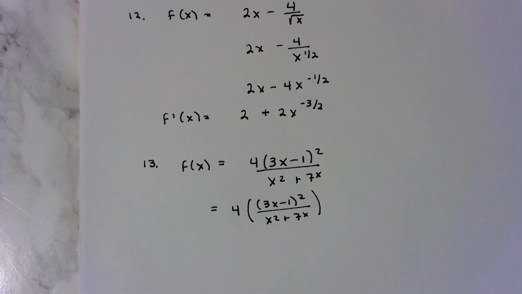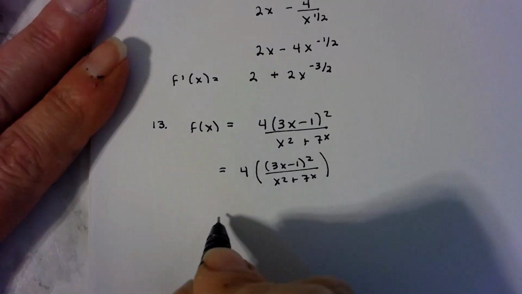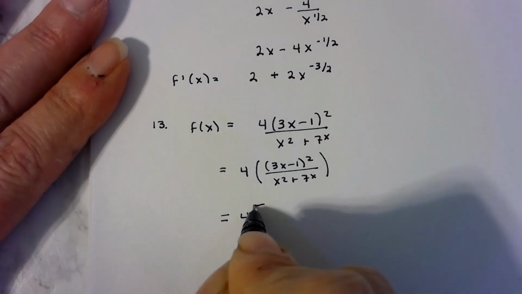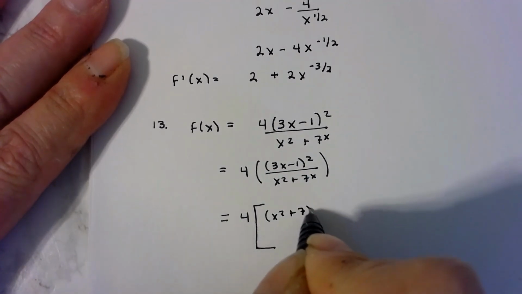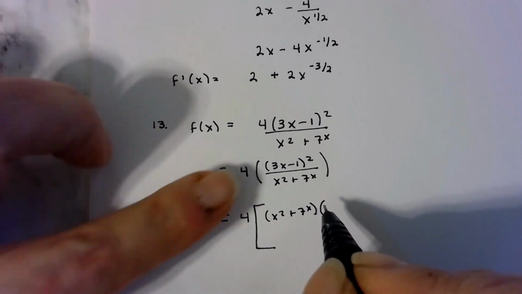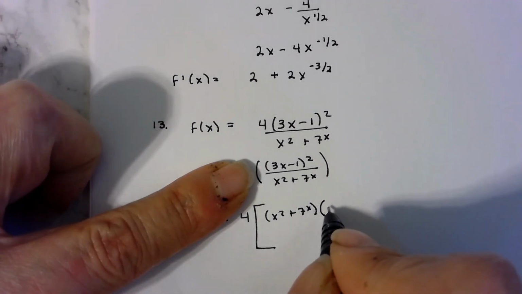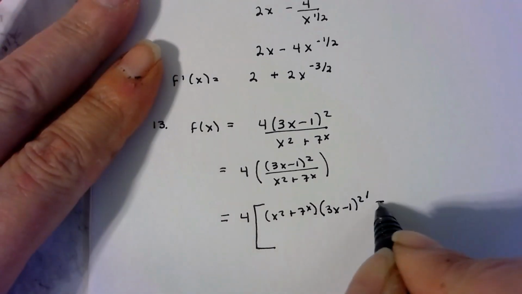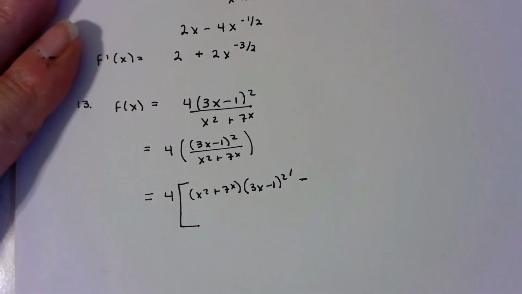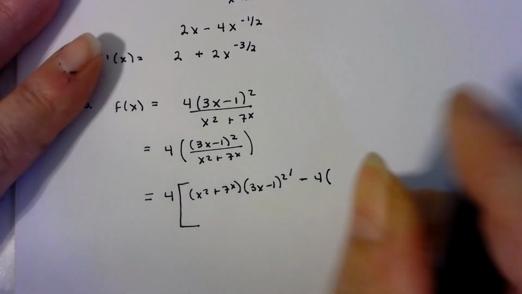As long as you don't get rid of it, you'd be okay, because again, we're not simplifying. So I'm going to leave the 4 outside and I'm going to use the quotient rule. The quotient rule says low times derivative of high. Now, I'm going to take the derivatives on this one as I go. The derivative of the high, well, maybe I won't. It's a chain rule, so hang on. All right, minus high. Oops.